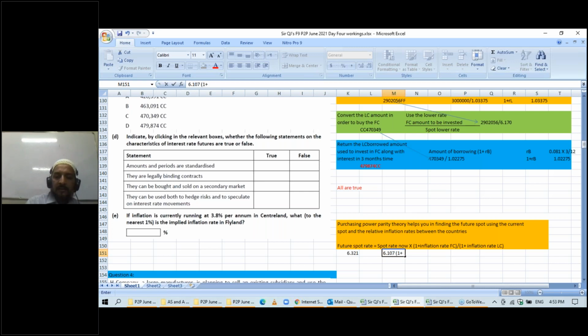Then 1 plus. Now, which inflation rate do we want? The inflation rate we want is in Flyland. So it's foreign currency. Flyland is a foreign currency. The company itself is situated in Centerland.